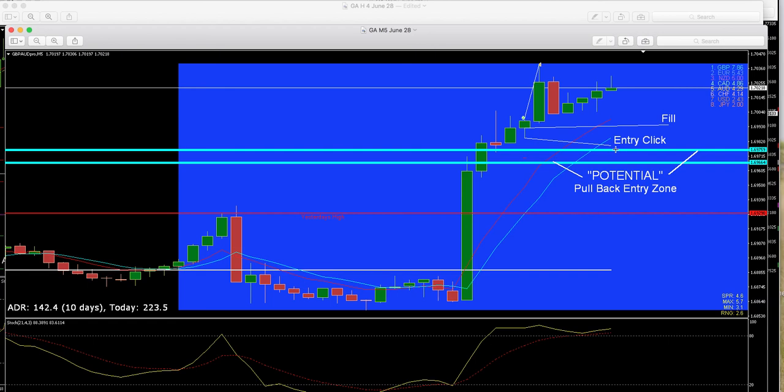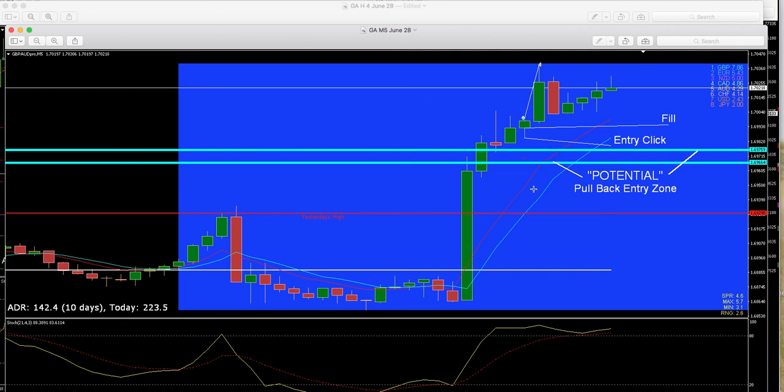So maybe make this zone include 5 pips either way, so it might be a 20 pip zone. That's what they should do. I'm just suggesting it could be a potential, being the operative word here, potential pullback entry zone.